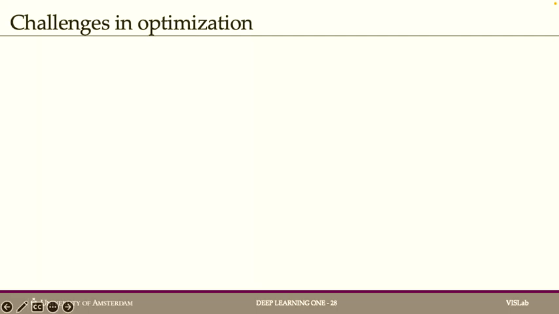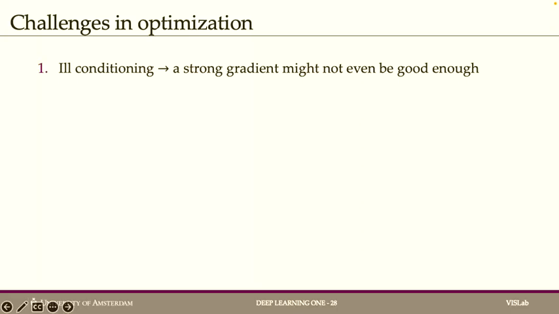All right, so let's talk about the challenges in optimization. There's 5 main challenges. The first one is ill conditioning, which will bring us that a strong gradient won't be good enough to optimize a function. So even if you have a good gradient, we'll go into each one of these in detail. The second one is local optimization, has these many local minima.